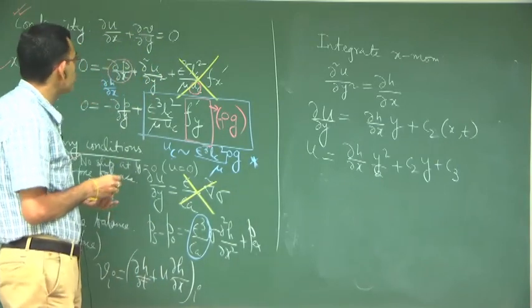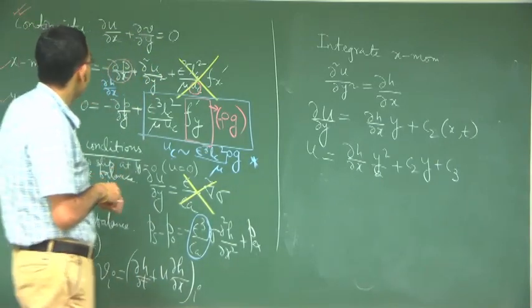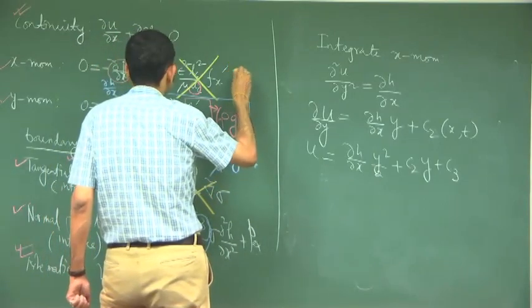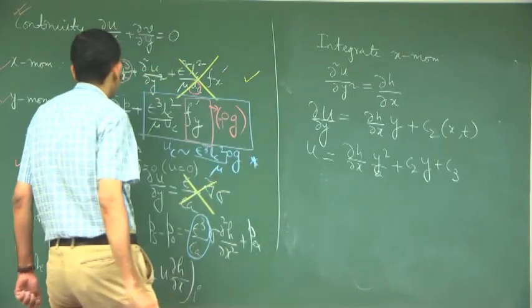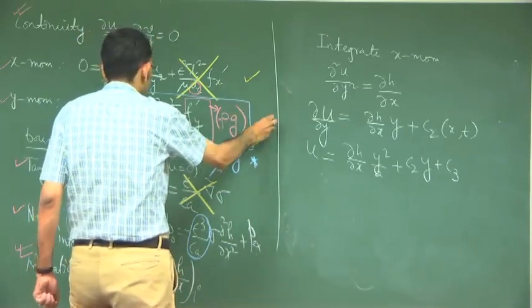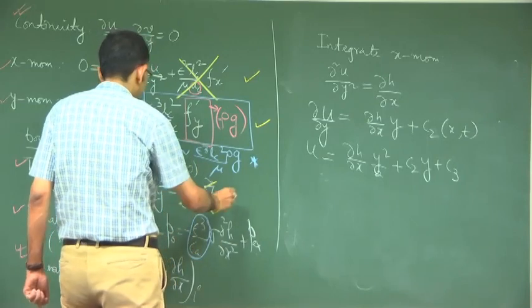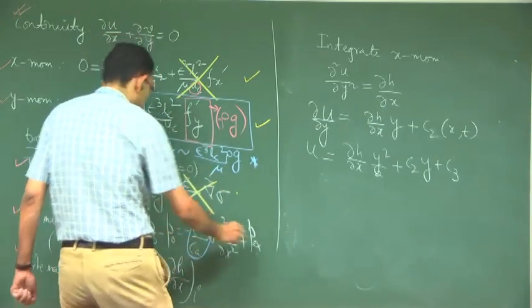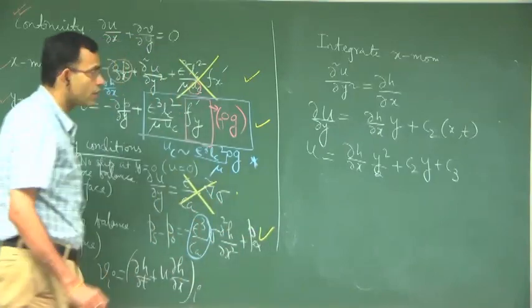So, what have we used so far? We have used the x momentum, y momentum, and the normal force balance, but not yet the tangential force balance and no slip.